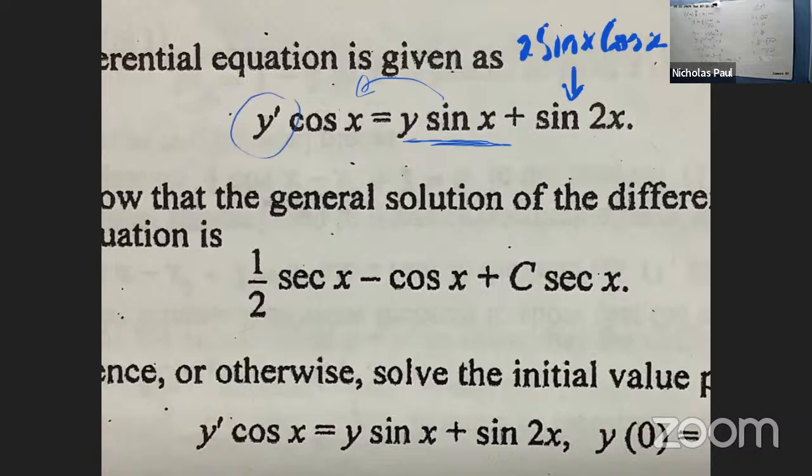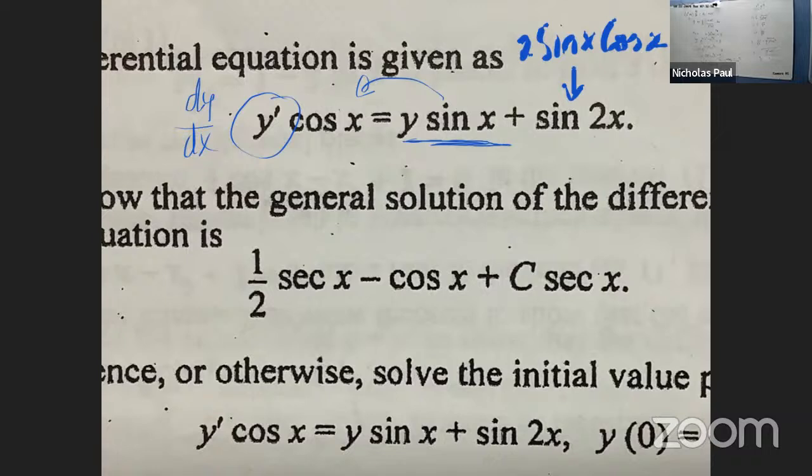Remember this is y prime. Y prime is dy dx, right? Minus whatever they get. So check it and see. Yes.